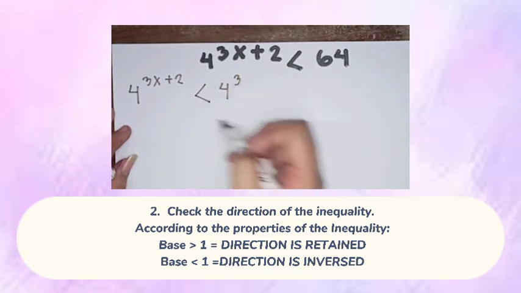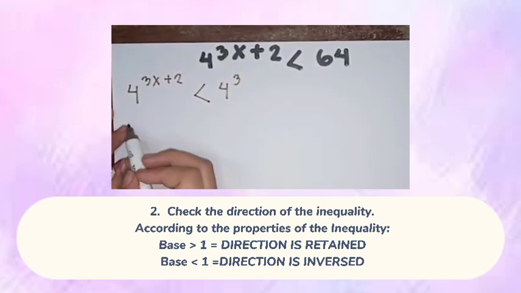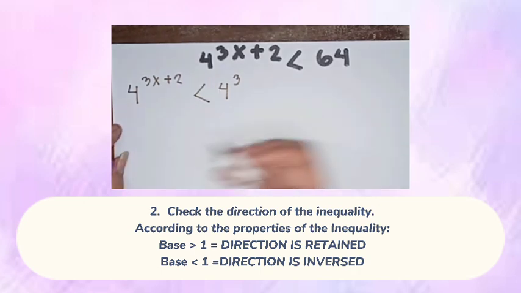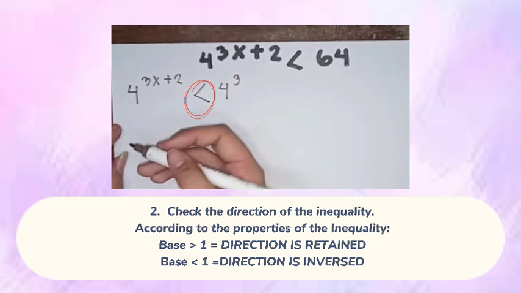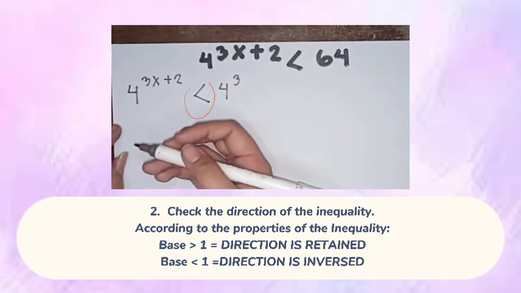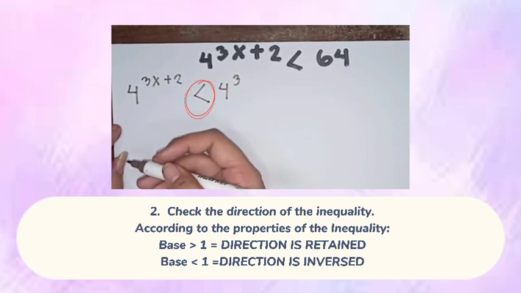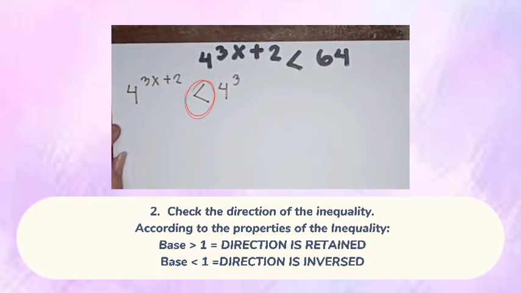Now that we have a similar base, next, let us check the direction of the inequality. According to the properties of inequality, if the base is greater than 1, the direction will be retained. But if the base is less than 1, then the direction will be inverted.